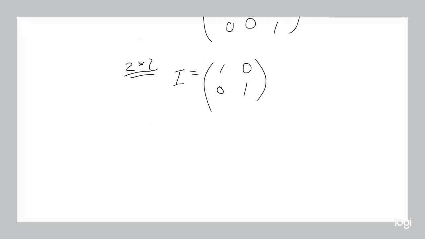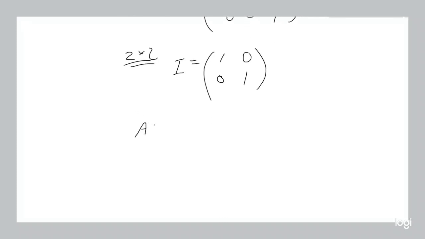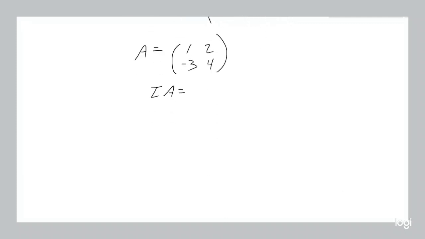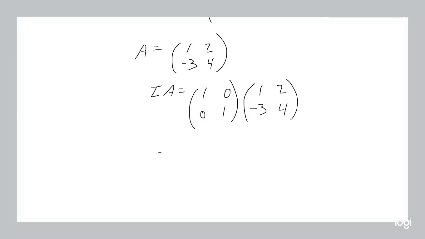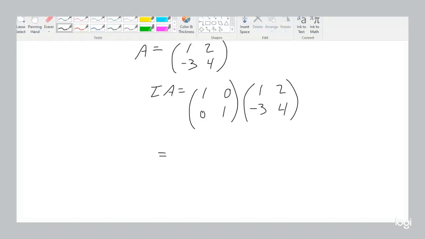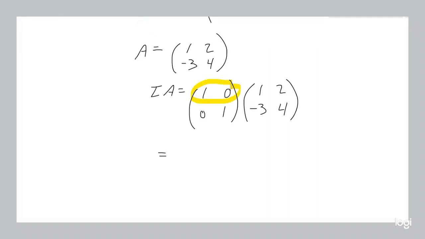And as an example, let's say we have A equals 1, 2, negative 3, 4, and we calculate I times A. We're taking the dot product of these rows with these columns, and those will be the entries to the matrix that results.